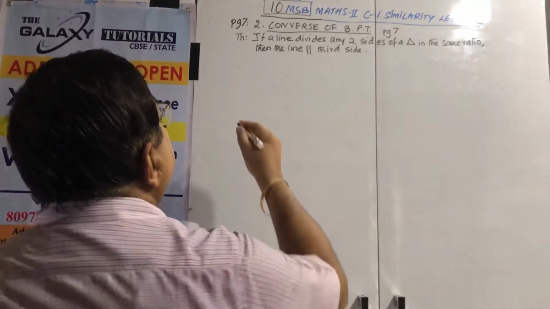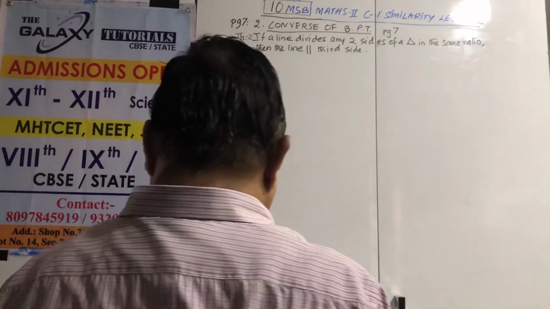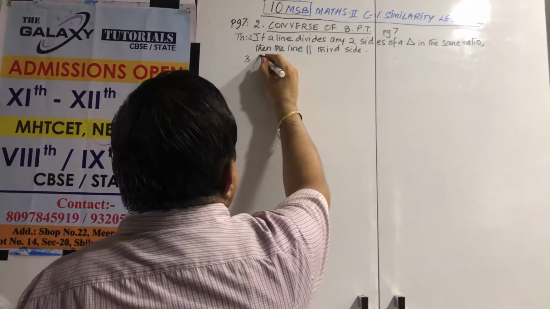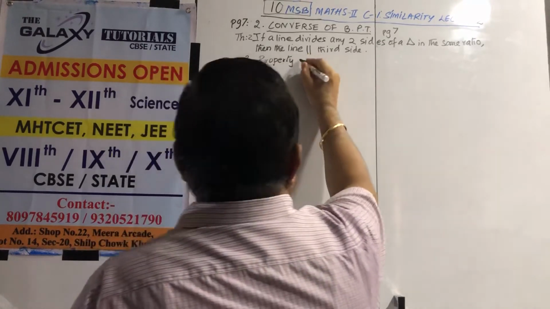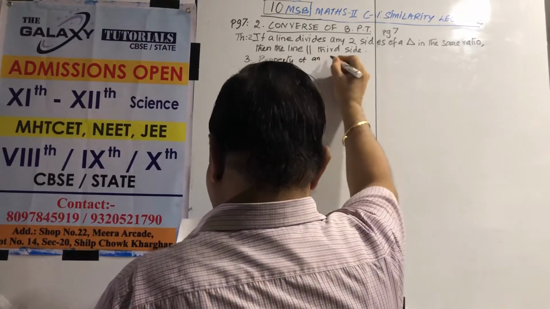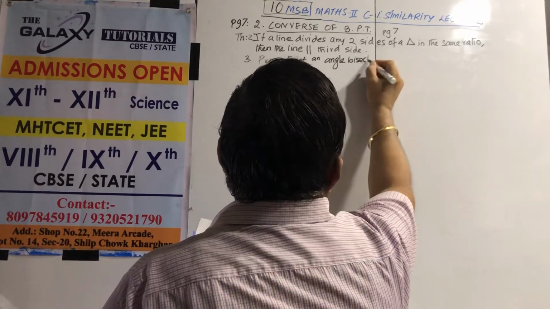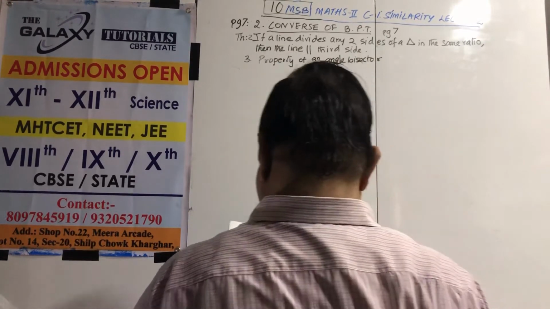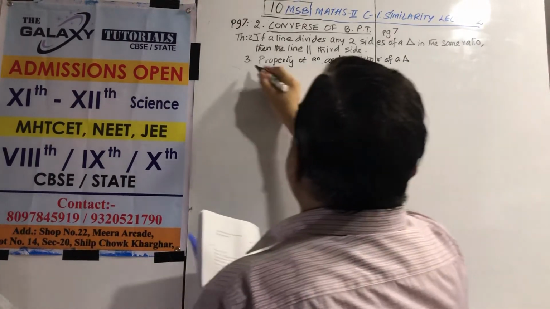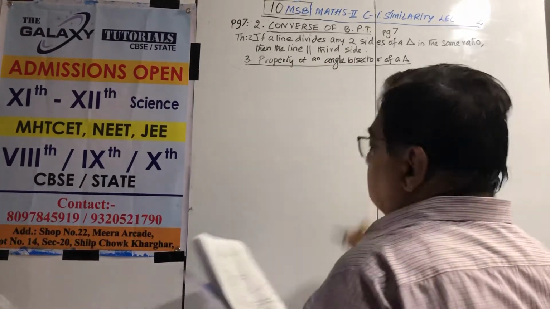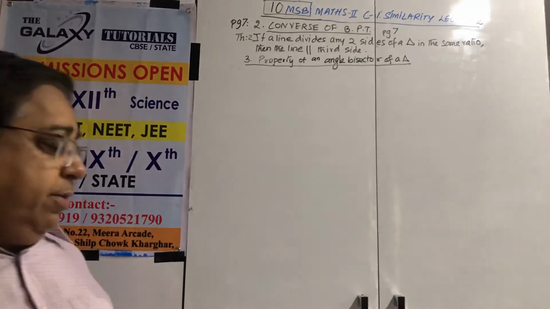Then third, the angle bisector property of a triangle. Third thing we have to learn. Third theorem.